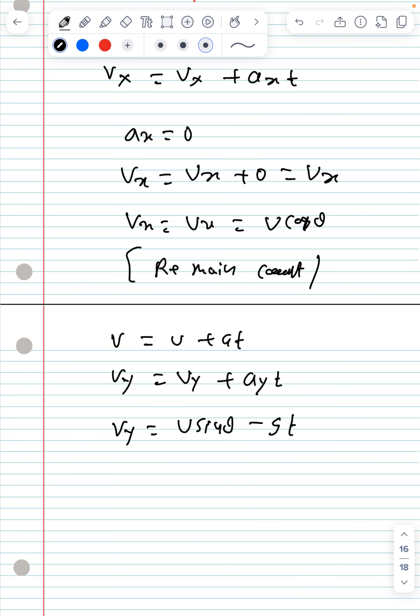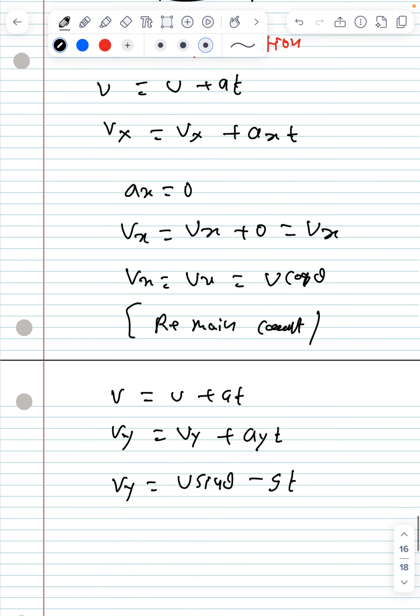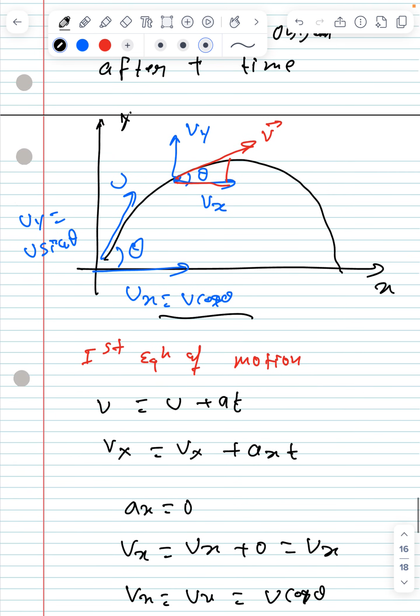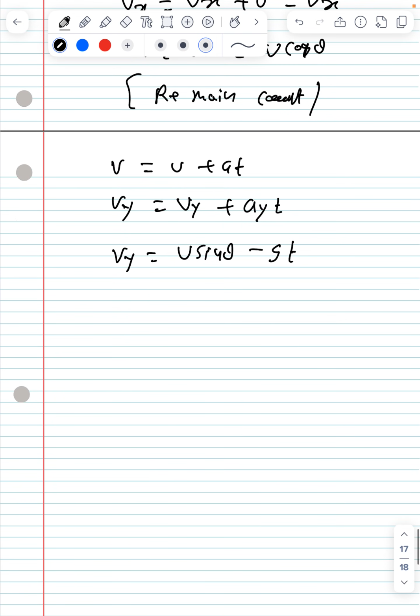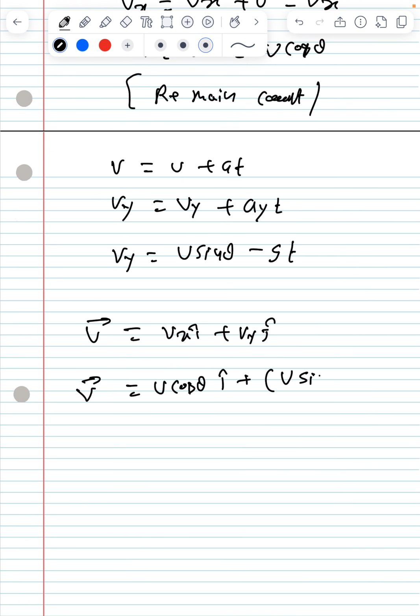But for the vertical component, use a similar formula, the first equation of motion, v equals u plus at. Along the y direction, vy equals uy plus ay multiplied by t. Putting in all the values, vy equals u sin theta minus gt.